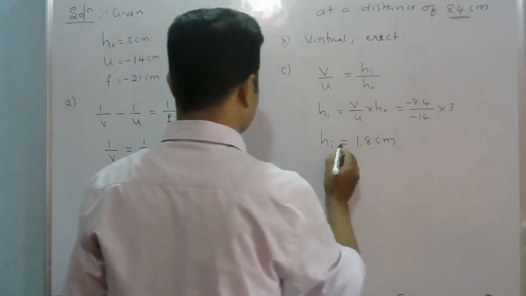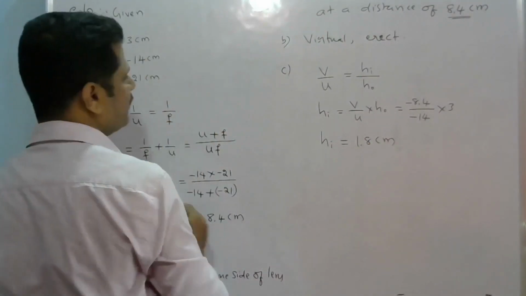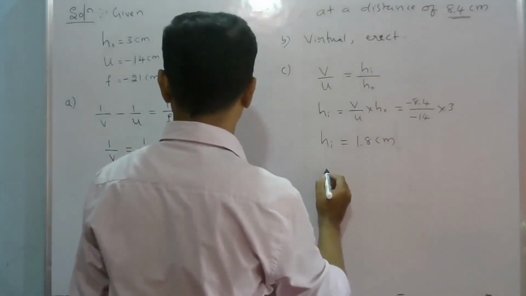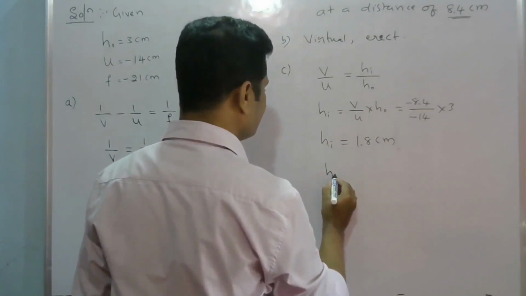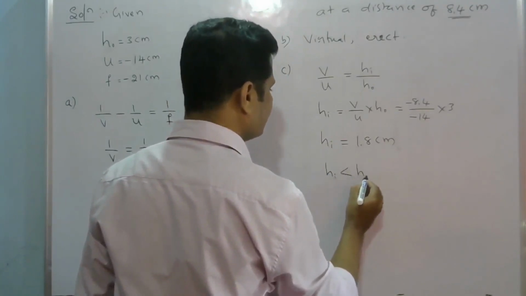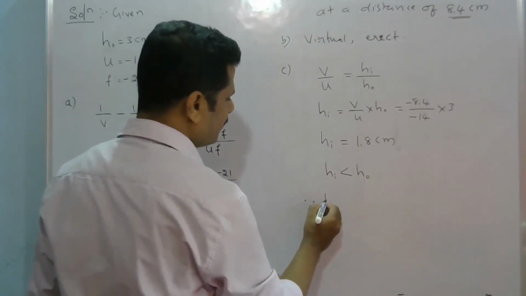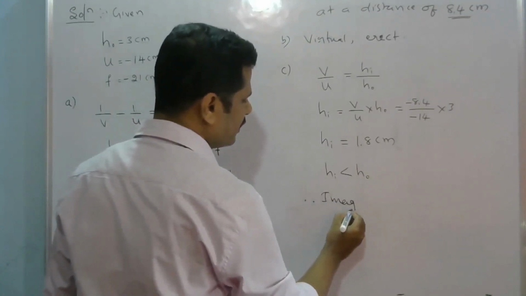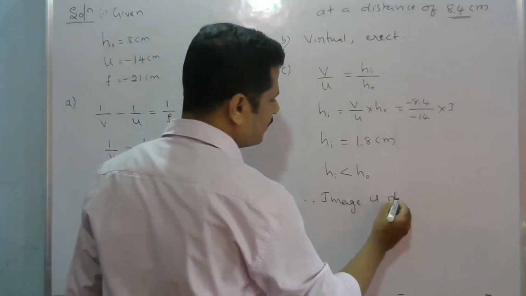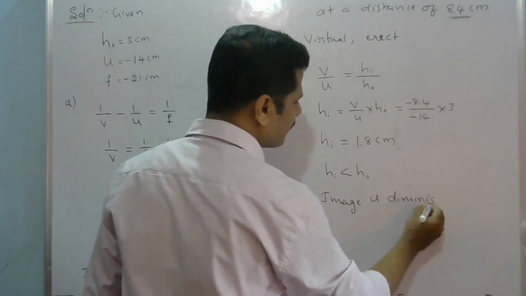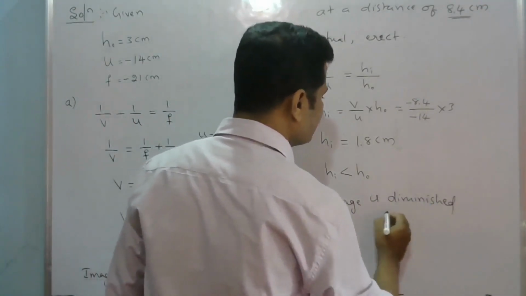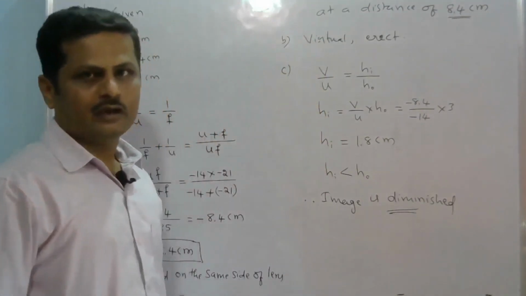Observe the height of the image and the height of the object. It clearly shows that the height of the image is less than the height of the object. So the image is diminished. Okay, let me go to the next question.